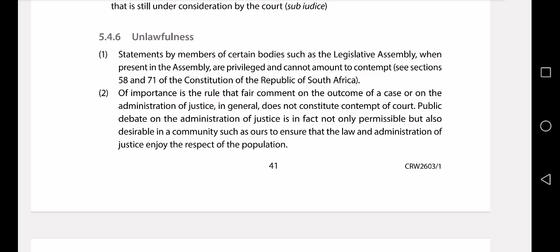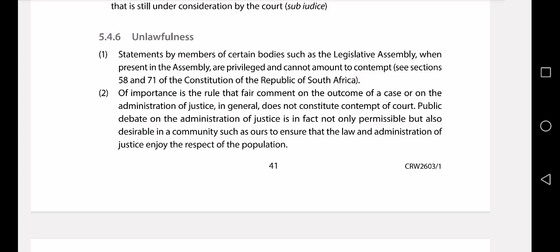Unlawfulness. Statements by members of certain bodies, such as the Legislative Assembly, when present in the assembly, are privileged and cannot amount to contempt, see Sections 51 and 71 of the Constitution of the Republic of South Africa.